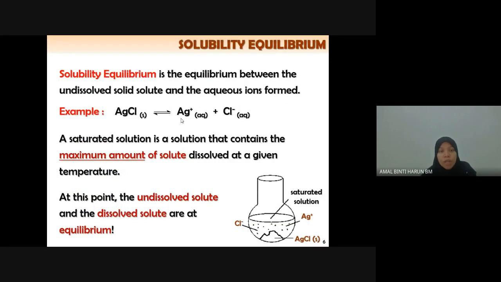Okay, berapa mol yang boleh ditampung oleh satu solution untuk menjadi saturated solution. Saturated solution adalah solution yang mempunyai tahap maksimum satu solid di dalam satu bahan. Bila dia dah sampai amount solid dalam satu solution tu, tambah lagi solid, the next solid tak boleh lagi larut.